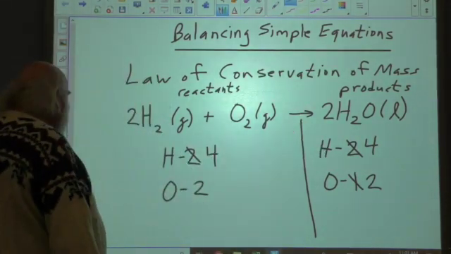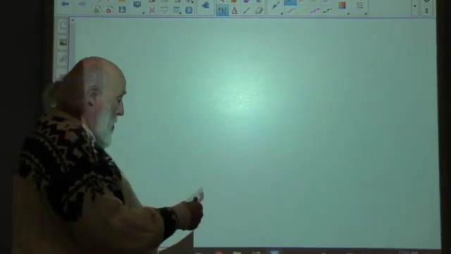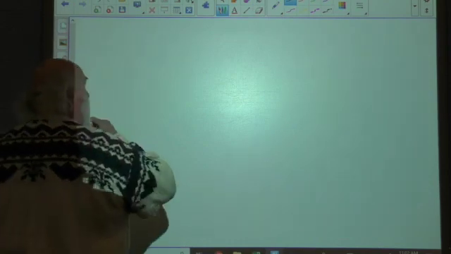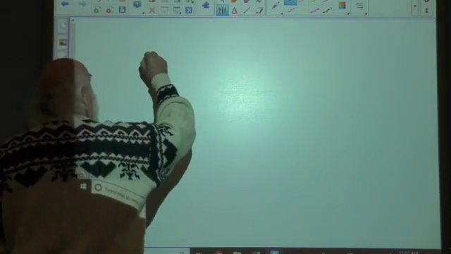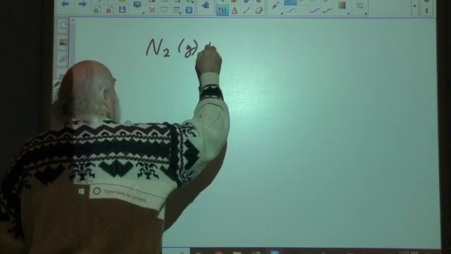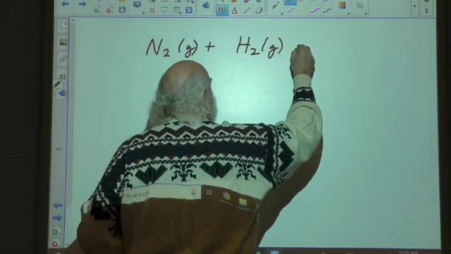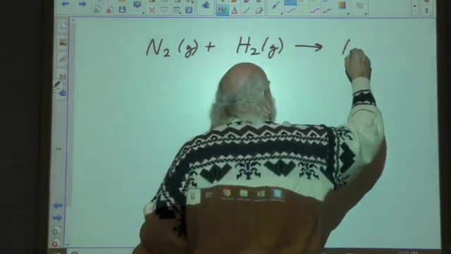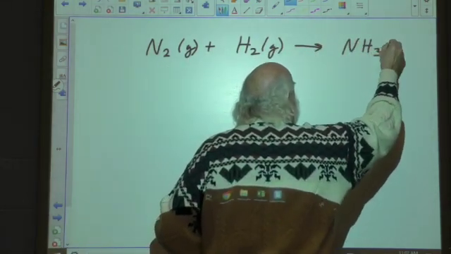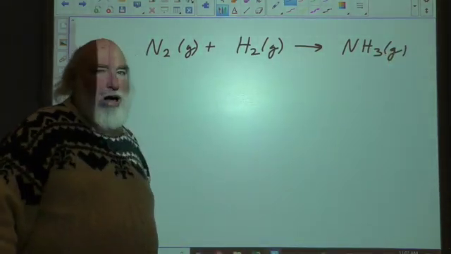All right, well, let's take a look at another. Let's take a look at the synthesis of ammonia. We got N2 gas plus H2 gas yields NH3 gas. Ammonia is NH3. This is, again, stuff we use in fertilizers.